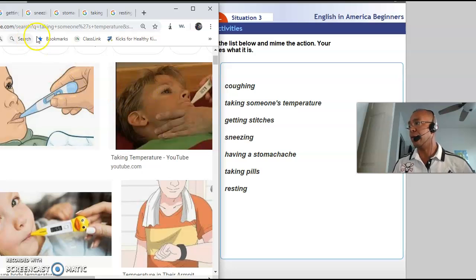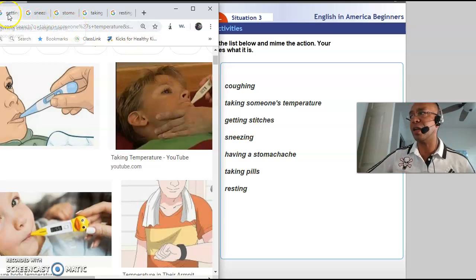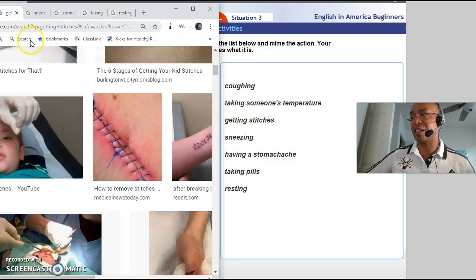Another one would be getting stitches. Let's say you get a deep cut. Okay, remember cut? When you cut yourself, you can cut yourself in many ways. And when you get a deep, a profound cut, then you will have to go to the hospital to get stitches. Getting stitches. Okay, these are the stitches.